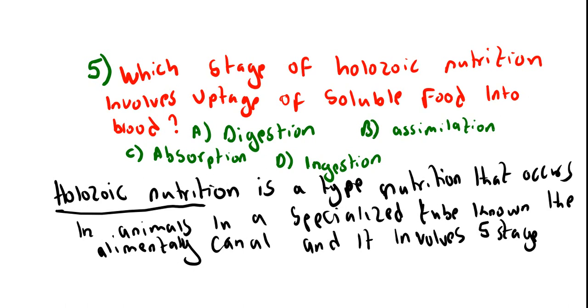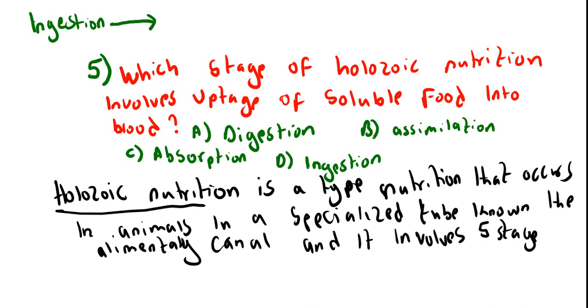So the first stage I'm writing on top here using a green ink. The first stage is the taking in of food into the mouth. Automatically, an animal always takes in food into the mouth, and that is known as ingestion, which is the act of taking in food into the mouth.